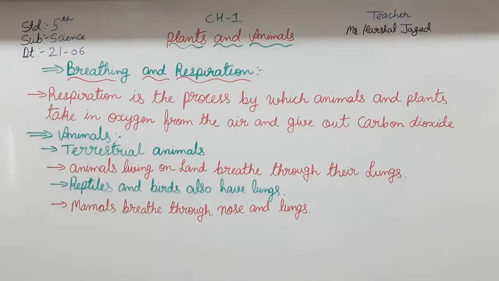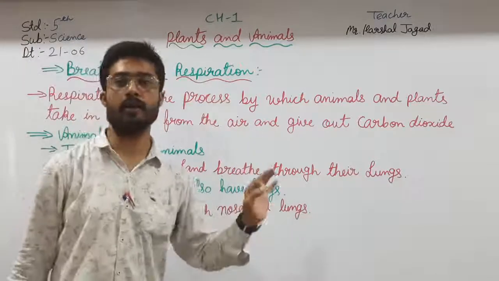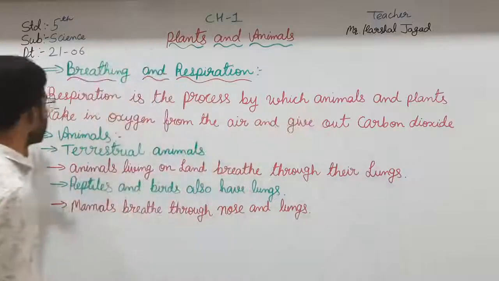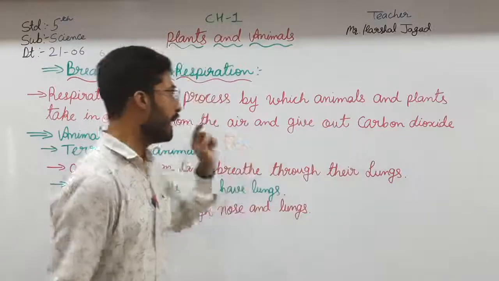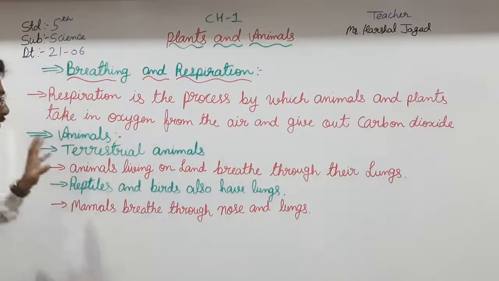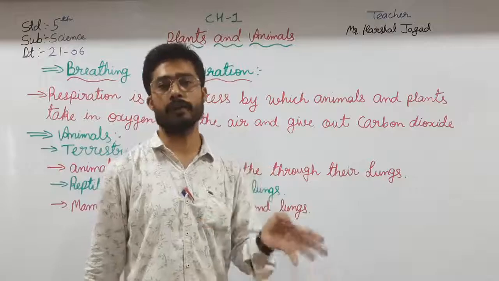So here in the terrestrial animals, first of all, what is the respiration process that we have seen? Respiration is the process by which animals and plants take in oxygen from the air and give out carbon dioxide. And how does it occur in the animals? Further they have divided the animals into different types.